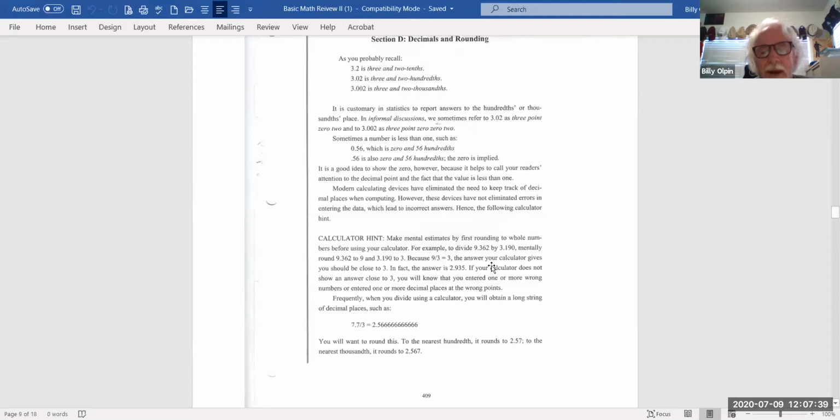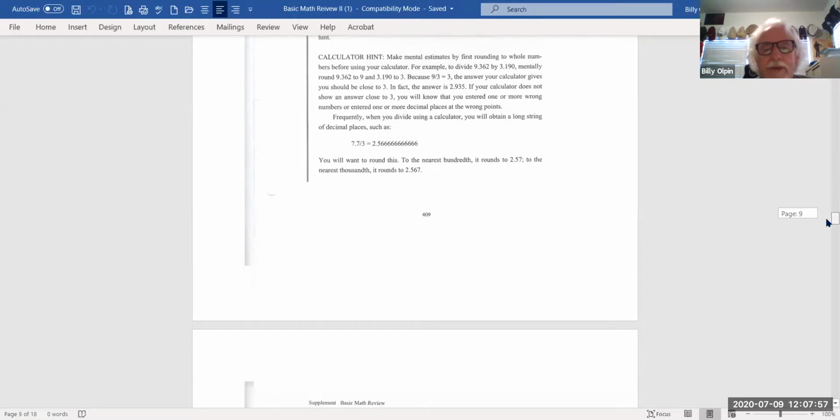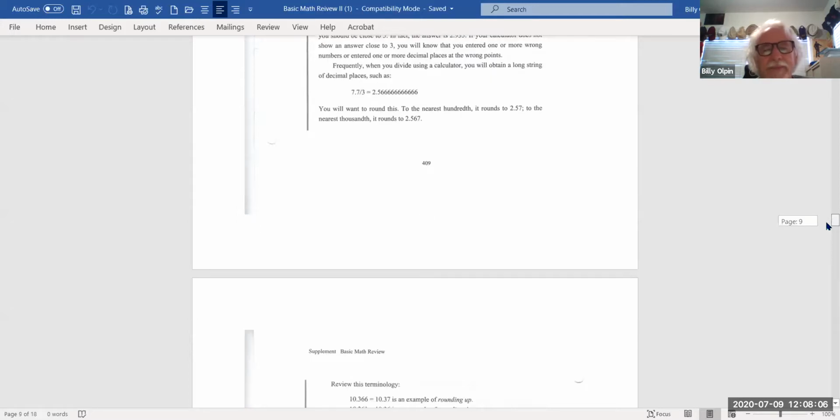Like if you're dividing 9.362 by 3.190, you know 9 divided by 3 is basically 3. So if your answer isn't close to that, you know you're off track, right? Ways to check yourself to know whether or not, and there's a lot of this as we go through, I'll be pointing out a lot of things that tell you whether or not you're on the right track, okay?